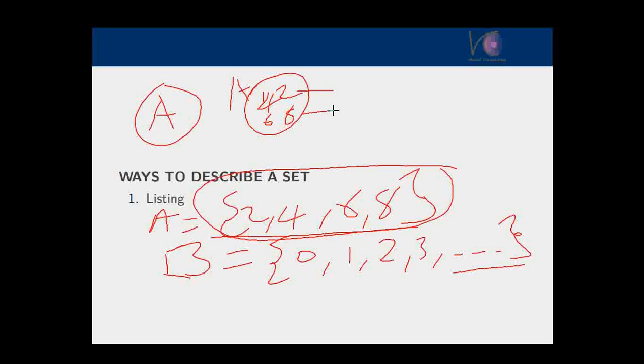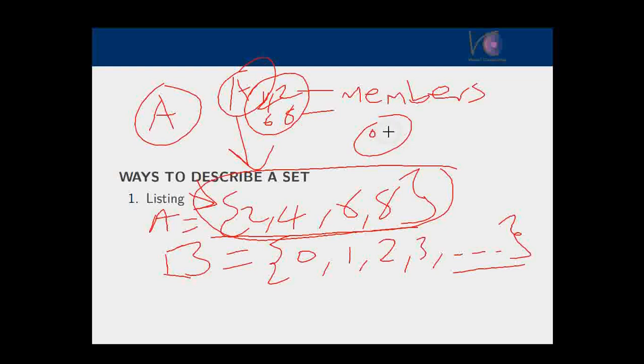These objects that are in A, remember, are what you are calling the elements or the members. So to describe set A, you are basically going to list the members that you can see. You also have set B, where you have a 0, 1, 2, 3.